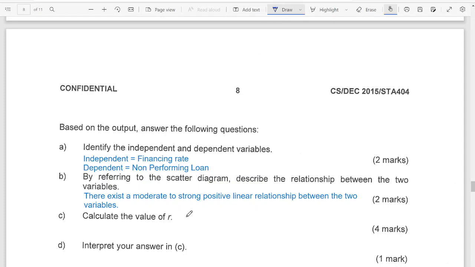So R is given by summation of xy minus summation of x summation of y divided by n, and then divided by the square root of, so the first one is summation of x squared minus summation of x squared divided by n, and then summation of y squared minus summation of y squared divided by n.